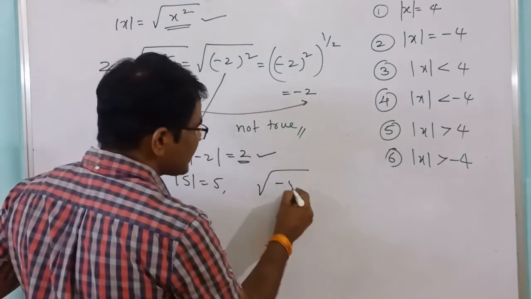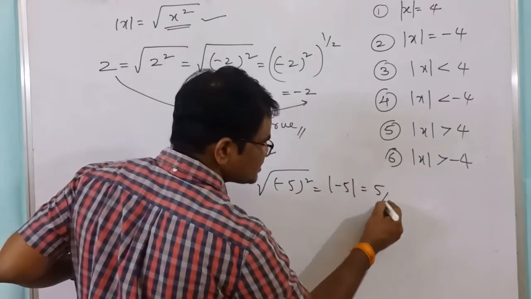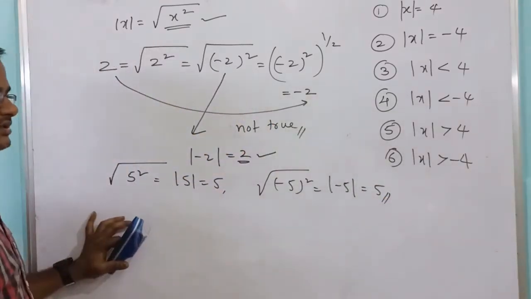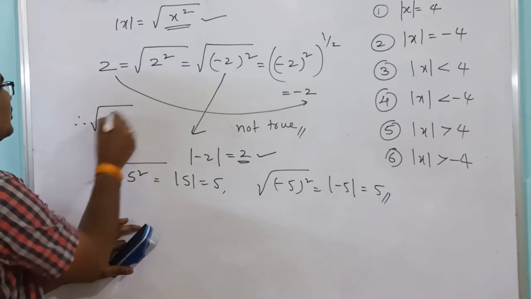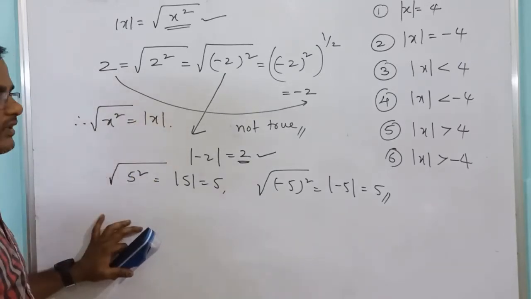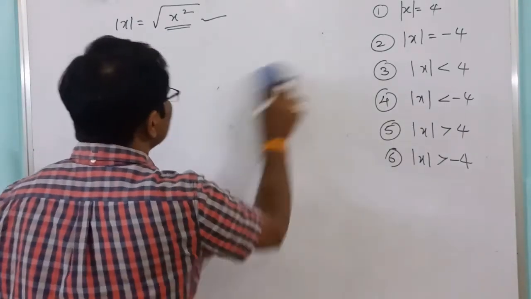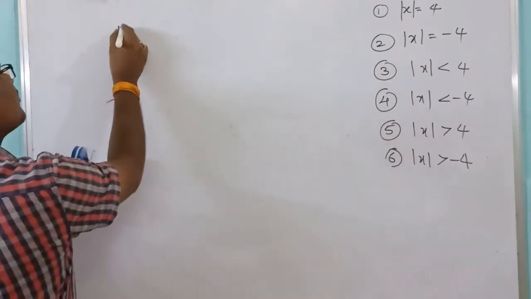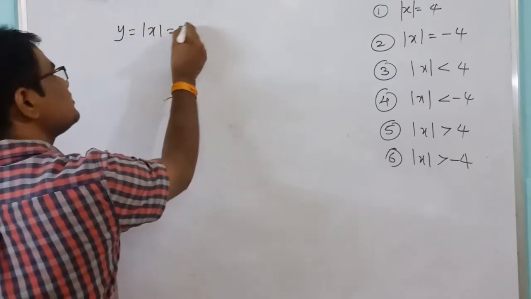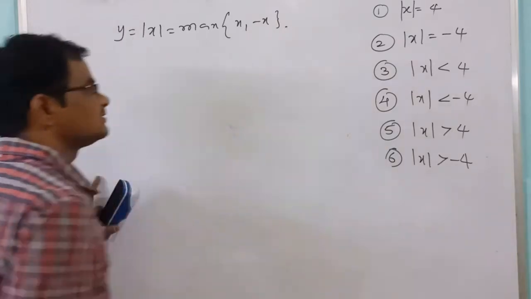Root of minus 5 square means modulus of minus 5, which is also 5 only. Right? So therefore root of x square equals mod x. And one more: y equal to mod x equals maximum of x comma minus x.